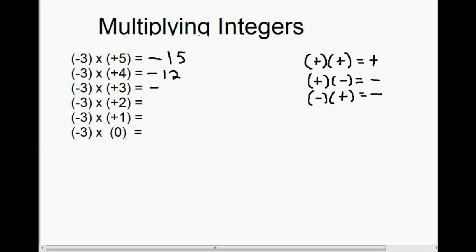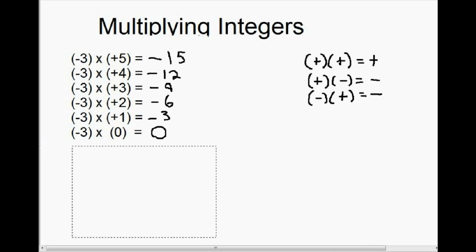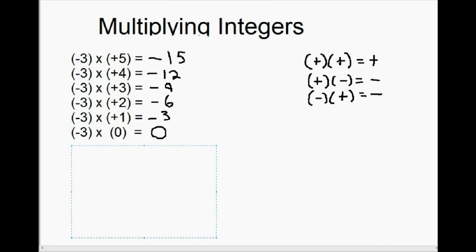And as we continue on, we continue working on our -3 times tables. So the next one is -9, -6, -3, and then finally anything times 0 is 0. Well, if we're going to continue this pattern of multiplying our -3 times tables, we can see once again that the values that we're multiplying by are decreasing by 1.